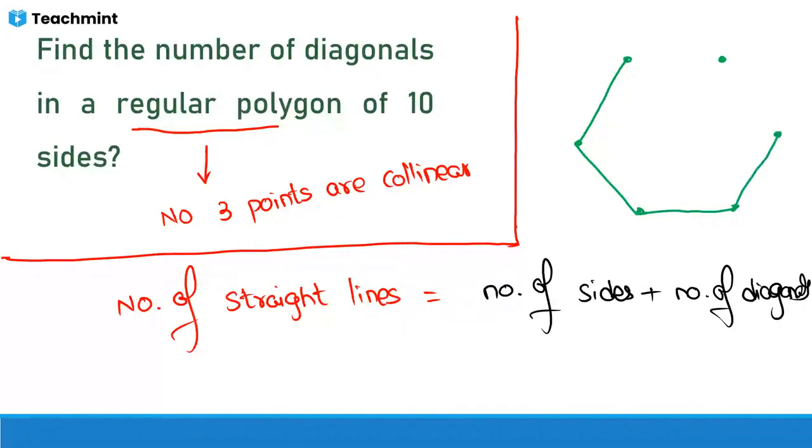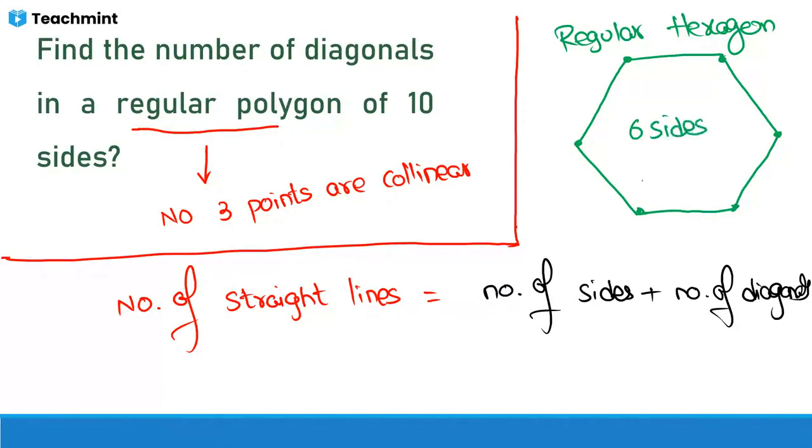Now, my dear friends, a regular hexagon has 6 sides, which means 6 points are there. So the number of straight lines, what you know, 6C2, means 15.